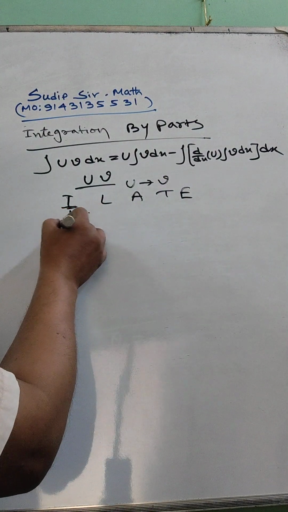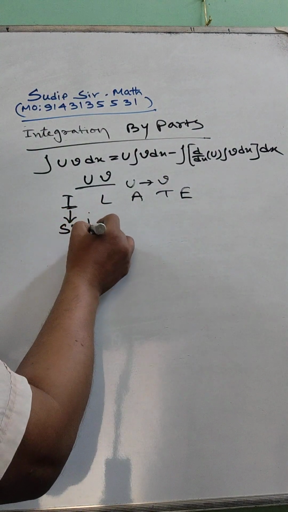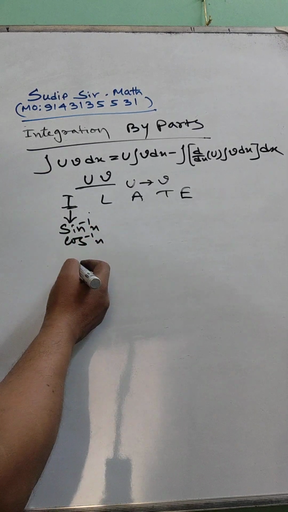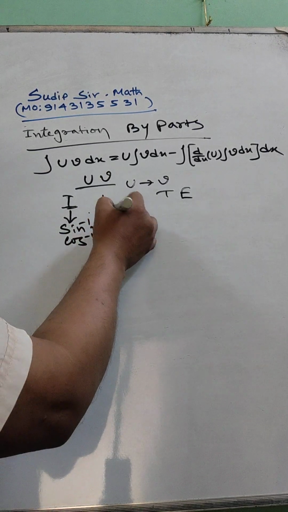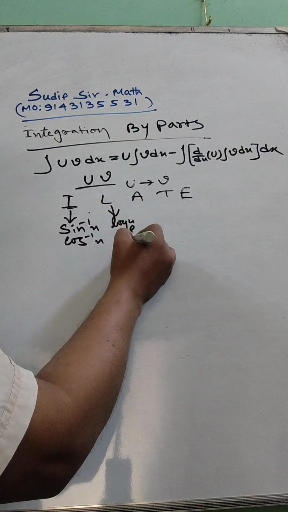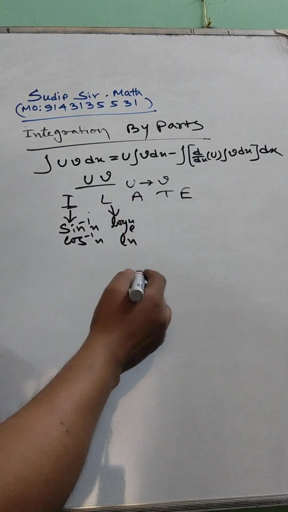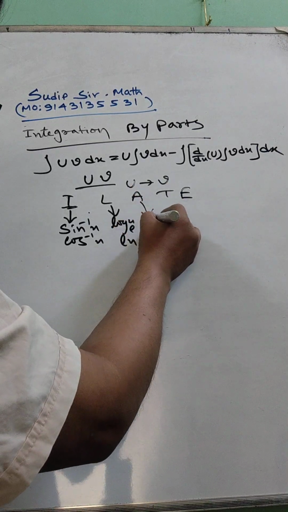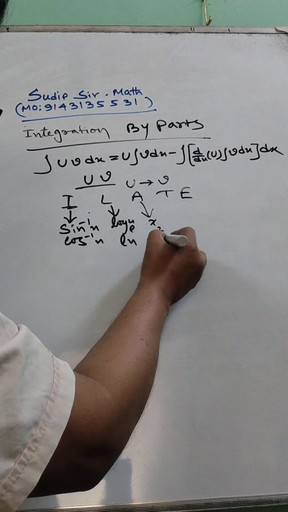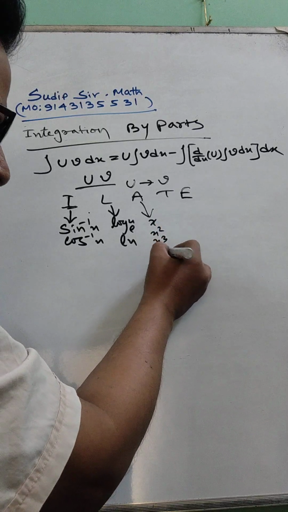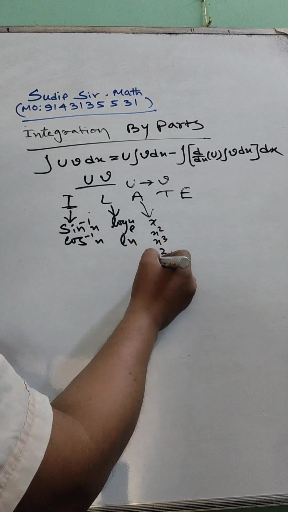ILATE: I for inverse, any inverse, sine inverse, cos inverse, that will be U. Then logarithmic function, log x base e or ln x. Then algebraic part, x square, x cube, any constant, 1 also.